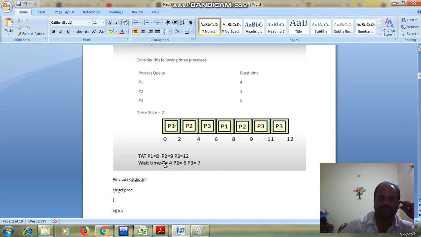Now in this case we will find out the total waiting time. The total turnaround time for P1 is 8 seconds, where it has completed at 8.